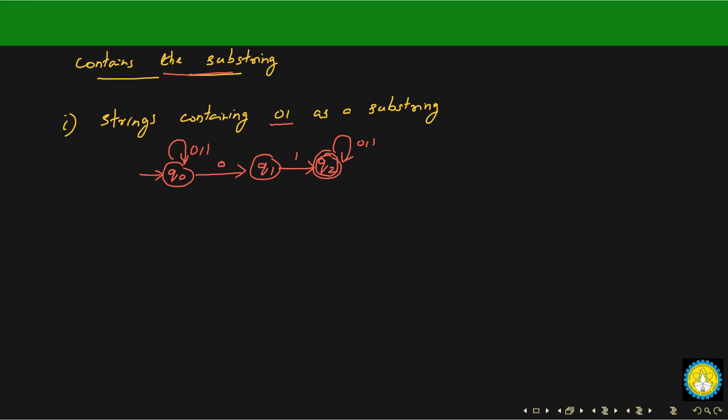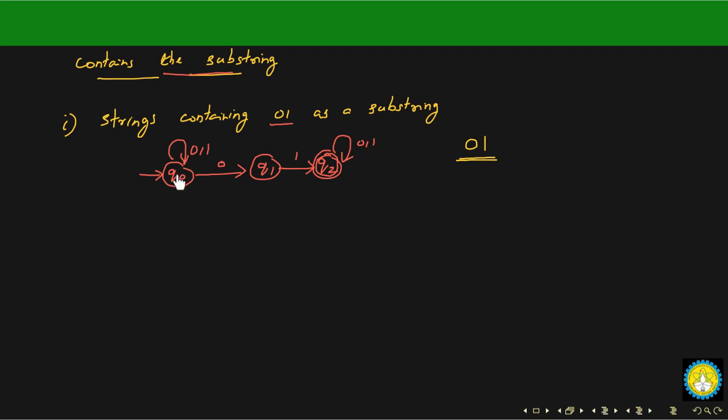So what if the string itself is 0, 1? Will it be accepted? Yes, there is one path. From Q0, if you see a 0, you have the option of staying at Q0 or moving to Q1. So how is this string accepted?